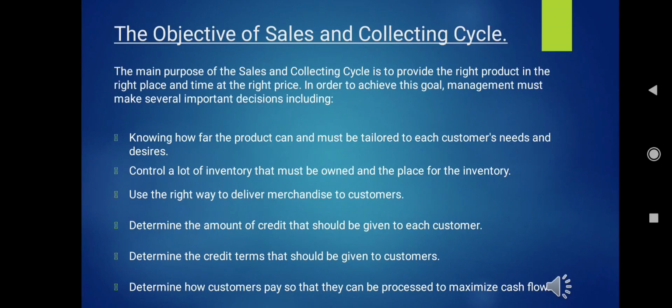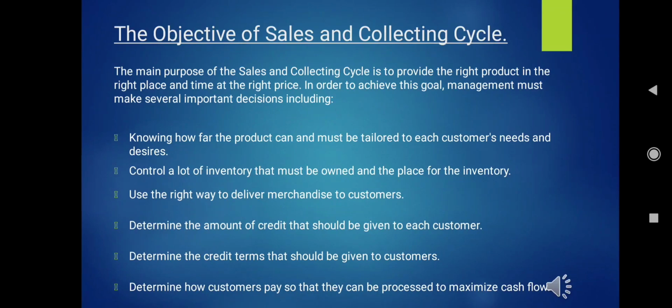In order to achieve this goal, management must make several important decisions. First, management must know how far the product can and must be tailored to each customer's needs and desires.